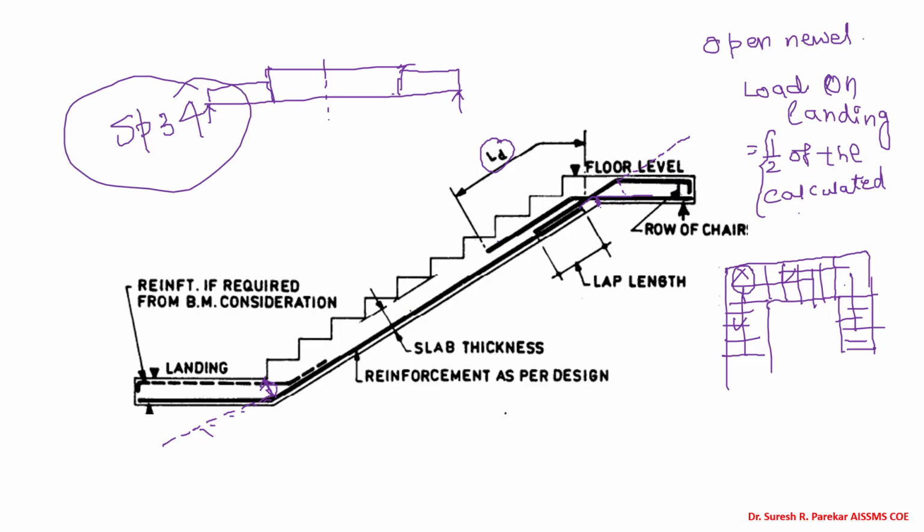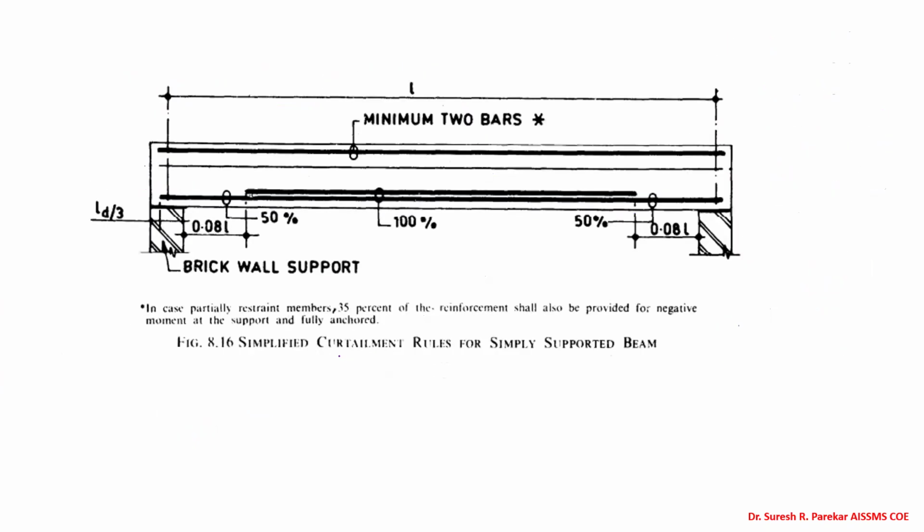Now these are the main reinforcement, and then you have to show distribution reinforcement over here. That also you have to keep in mind. Then we have minimum 2 bars, which I already mentioned, shown over here, and they have simplified it, so you need not go for this. But in beams, you have to provide minimum 2 bars of 12 torque. Why? This is for shear reinforcement.